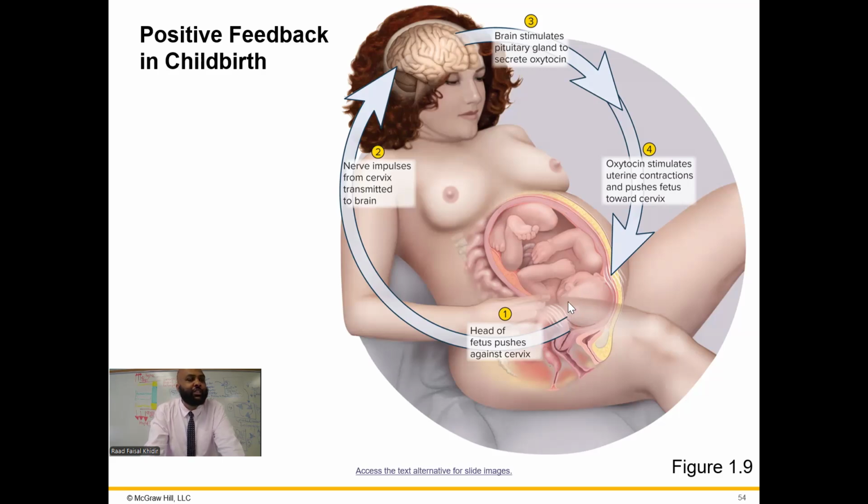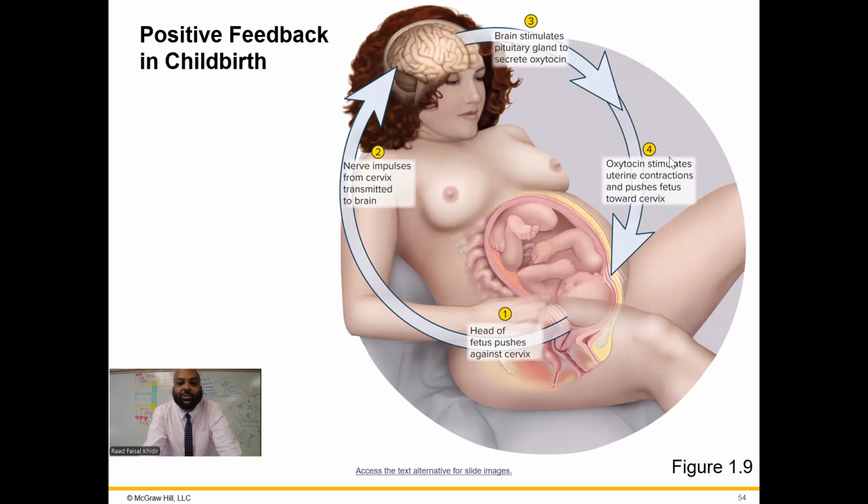Is it a stretch receptor, a thermoreceptor, an osmoreceptor, a nociceptor, or a chemoreceptor? That's a stretch receptor. So it's going to send an input signal to the brain, and the brain is going to generate an output signal that stimulates the pituitary gland to secrete oxytocin.